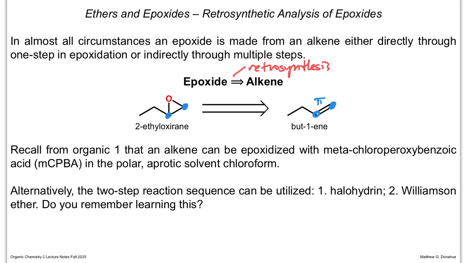If we take that one step further, where do alkenes come from? We can make alkenes through elimination.